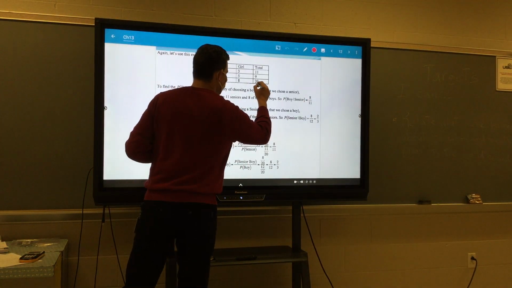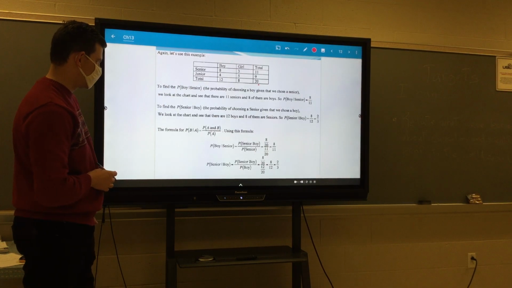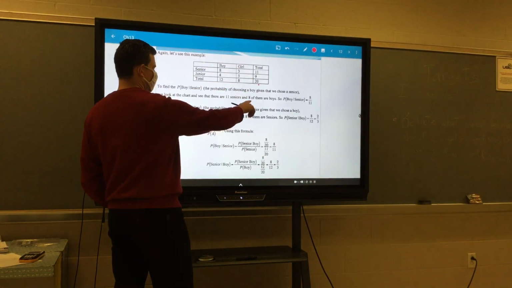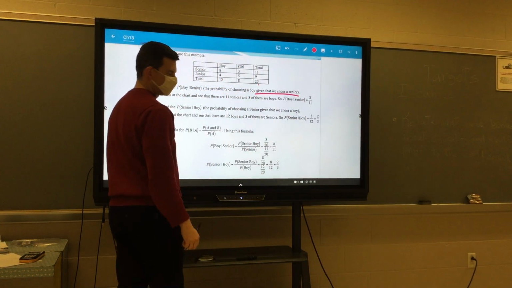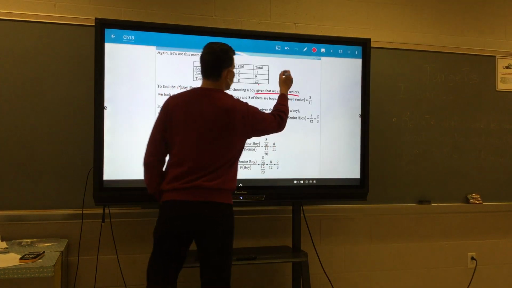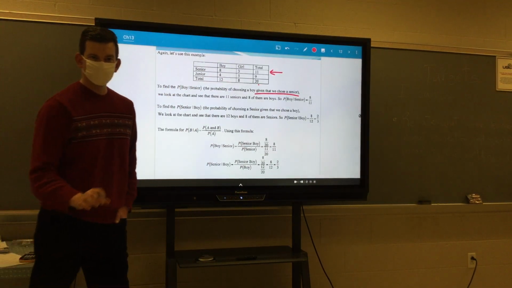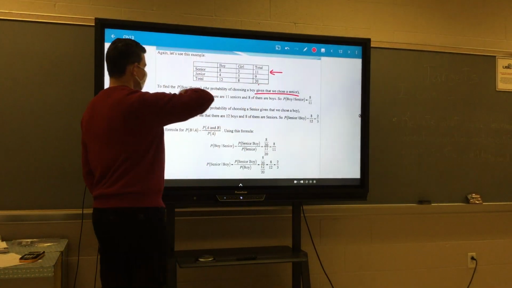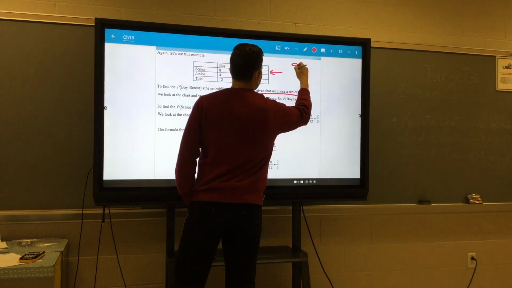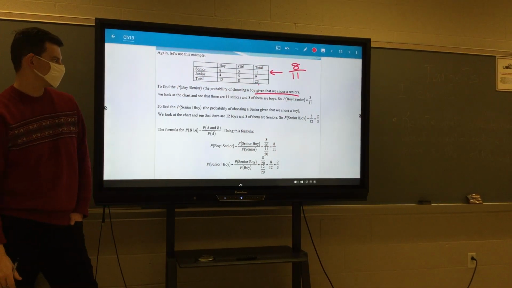This had been out of our overall 20 students in the class, but we don't want that as our sample space anymore. Given that we choose a senior, we're not picking from our 20 students in the class, we're picking from our 11 total seniors. Of those 11 seniors, a success in this case is a boy, and we had 8 boys. 8 out of 11, there's that probability.